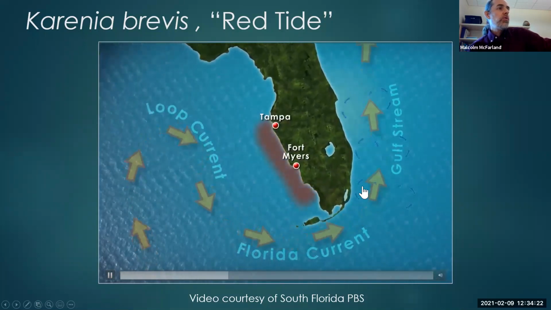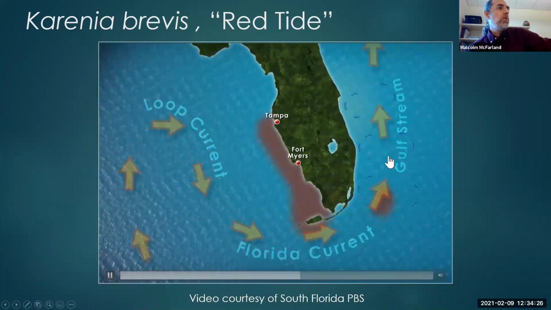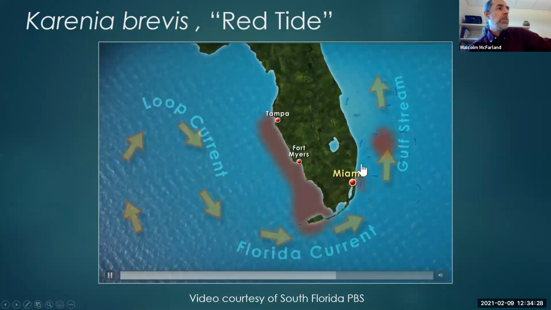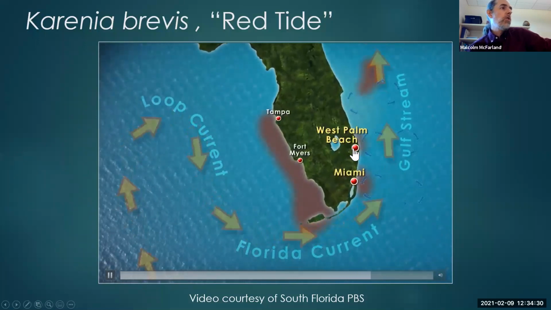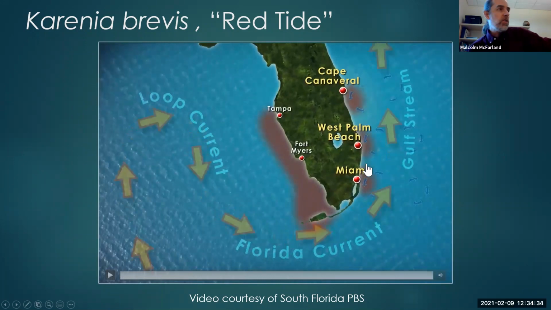And then sort of these recirculating currents that are associated with the Gulf Stream as it moves north, you can see some of these little eddies that spin off, they bring it over onto the coastline and let it hang there on the East Coast. And this is exactly what happened a couple of years ago. Really bad bloom on the West Coast, managed to spill over into the East Coast. And we saw fish kills along the Eastern coast, which are normally restricted to the West Coast.